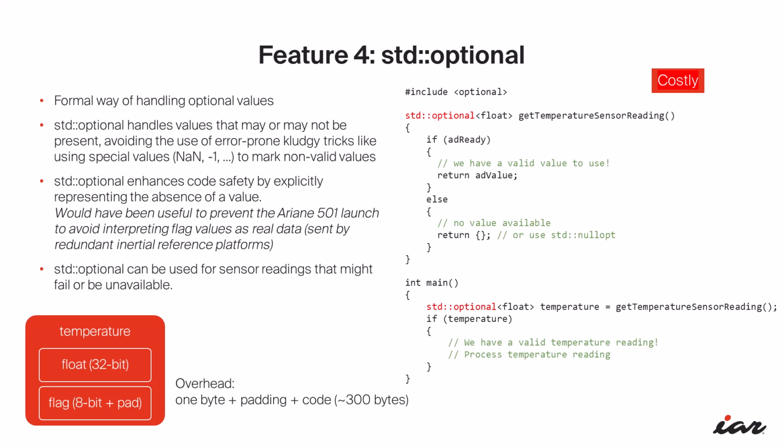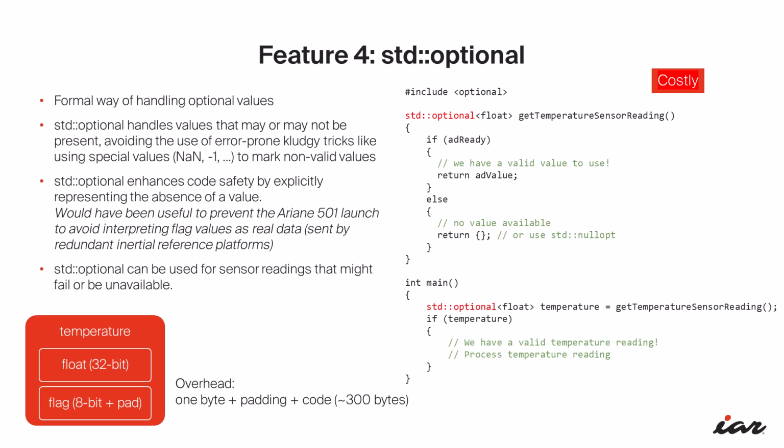And then in the main function, we read the temperature from the get temperature sensor reading function we have up here. And then we can check on the temperature, and this check now checks if this value is set or not. It does not check on the specific temperature, it checks if we have a temperature or not. And if we have that, we can proceed processing the temperature reading.